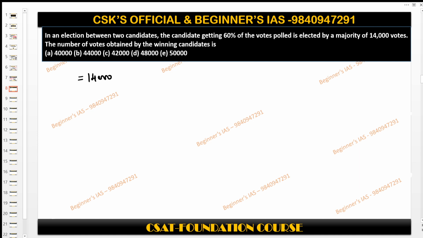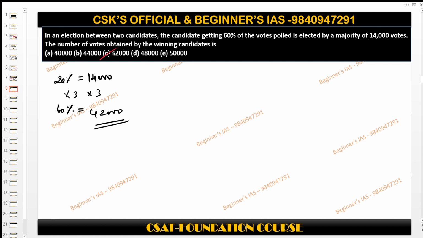So in an election between two candidates, the candidate getting 60% of the votes polled is elected by the majority. What has been provided here is the difference. 20% is equal to 1400. Then you need to calculate the 60%. You need to multiply here with 3. Then 4,200. No need of any difficult calculations.